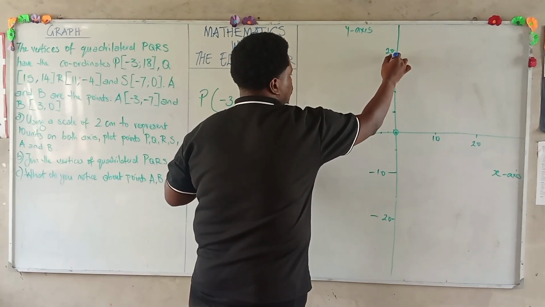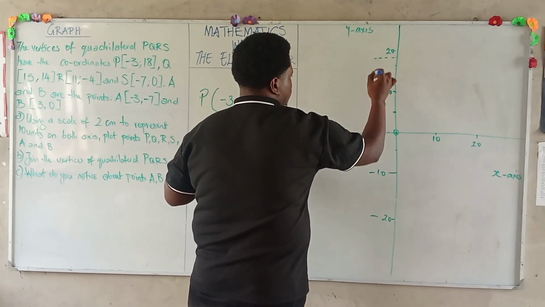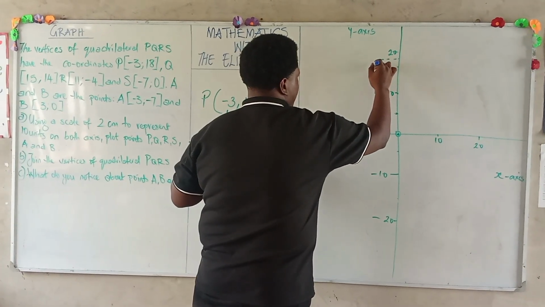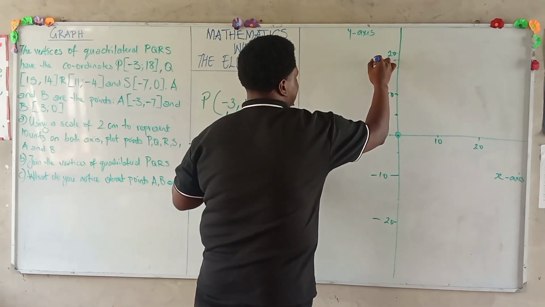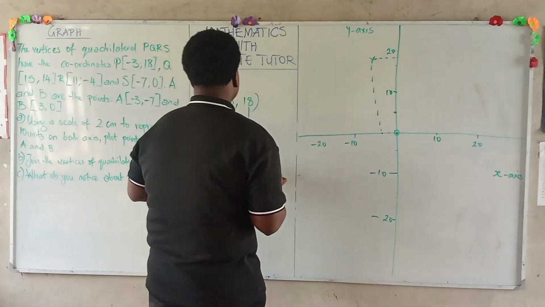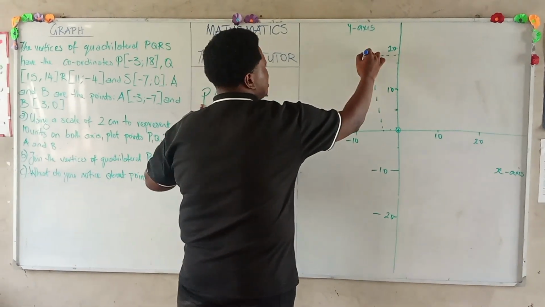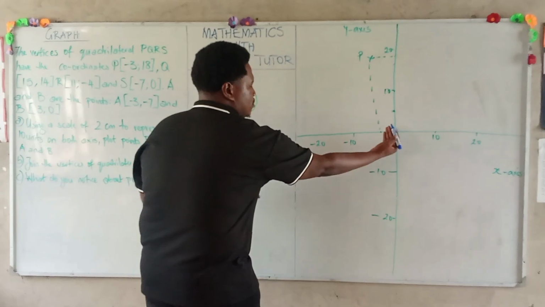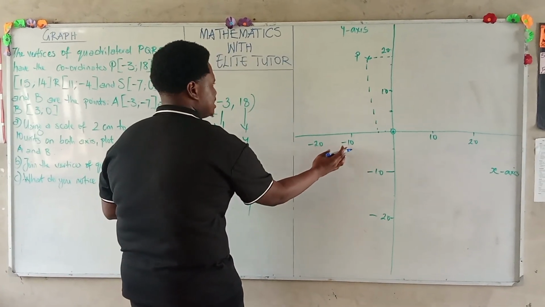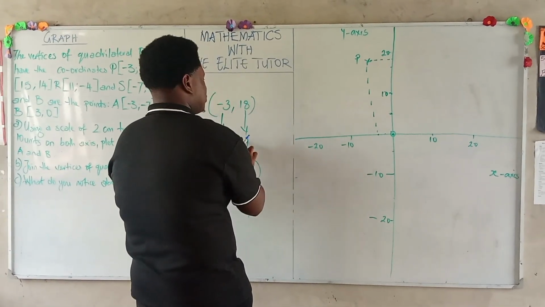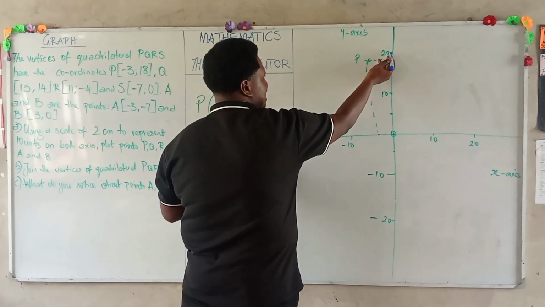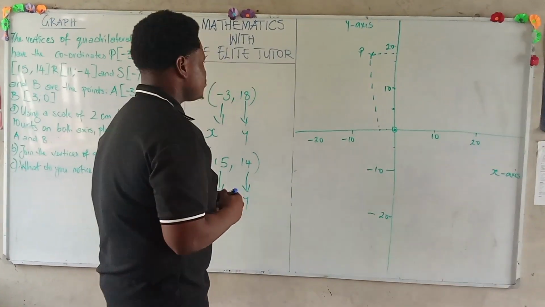So we can go ahead to trace the point. So we have 18 to be here. So this is point P. When x is minus 3, we'll have minus 3 here because this is the negative side of our x-axis. Y is positive 18, so we're going to have 18 here, because we have 18, 19, and this is 20.